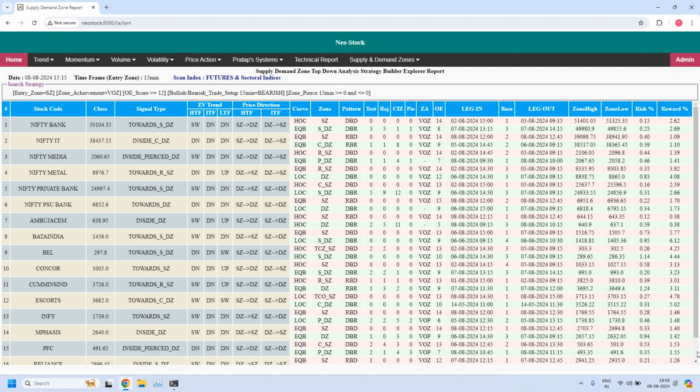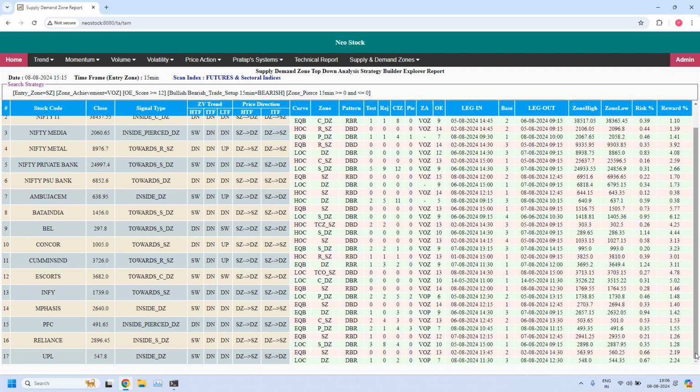Even NIFTY Bank is supporting bearish trade setup, and NIFTY Bank high liquidity zone is also pierced. Okay, let me scroll the list down. So total 17 stocks are filtered. Reliance is supporting bearish trade setup. Infy is supporting bearish trade setup from the short-term income trade point of view.